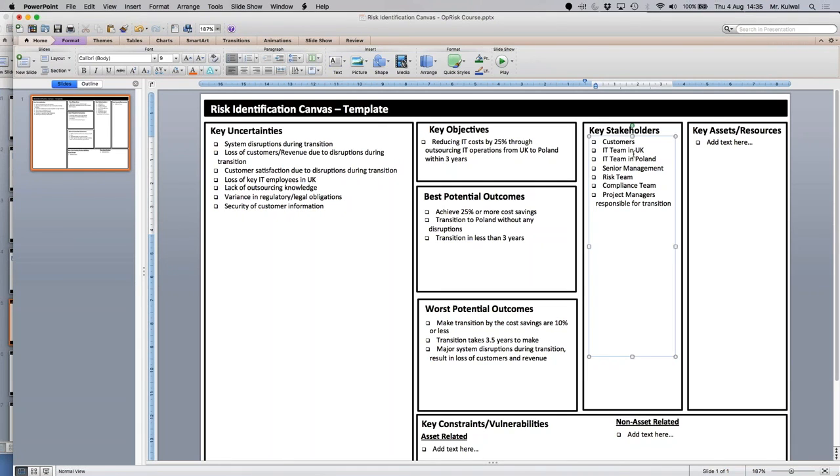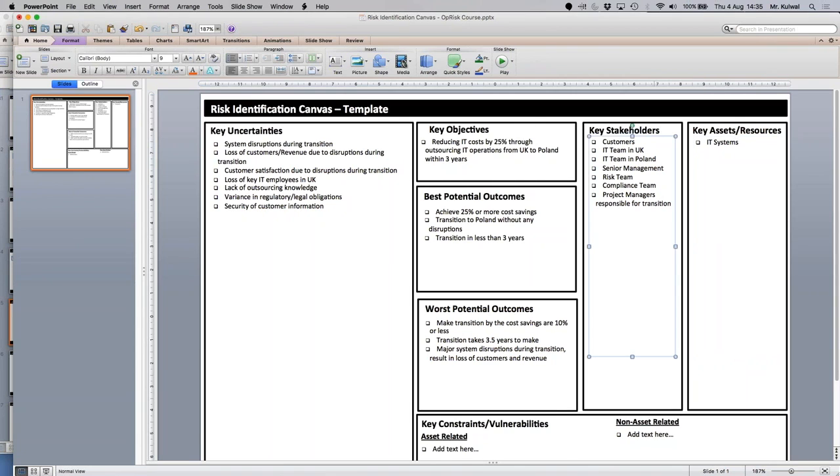Okay, so that at least gives you an idea that once you identify those stakeholders, then we try and identify the uncertainties. Let's go and look at then some assets. So what are some of the assets or resources which will okay, so we have some IT systems we may have to move.